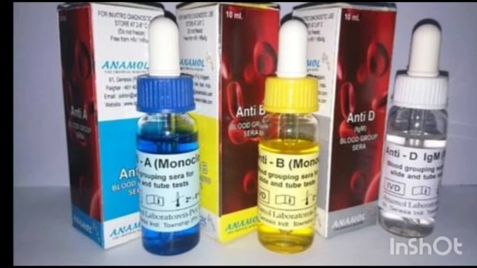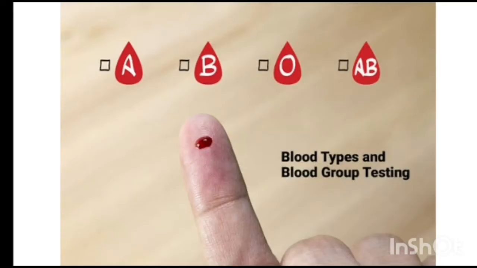So we place 3 drops of blood over the glass slide and add anti-A in the first drop, anti-B in the second drop and anti-D in the third drop. We need to observe where the blood coagulates so as to find out our blood group.